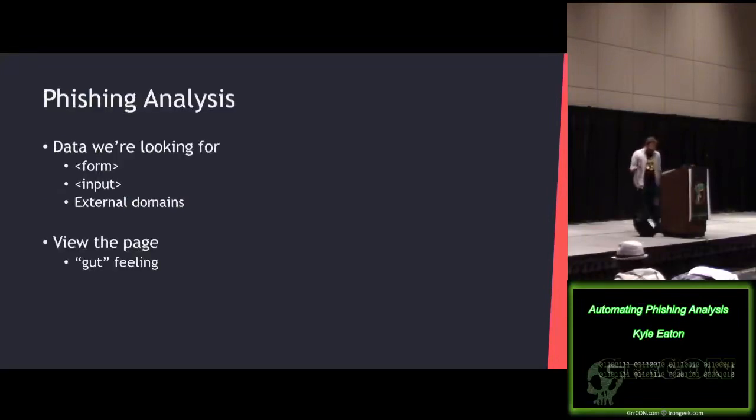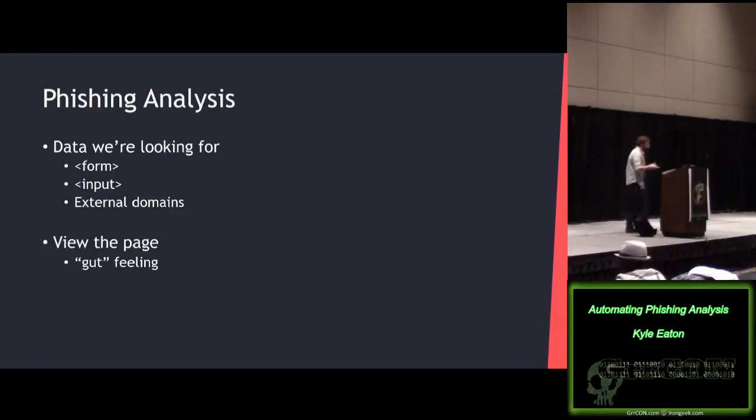So first up, we're just going to talk about the actual analysis of the page. There's a few things that I like to look for when I'm looking at a phishing page. First up, you kind of get just a gut feeling of the page. You've seen enough phishing pages, you know kind of what to look for, what you're expecting to see. But on the inside of the page, I really like to look at forms and inputs.